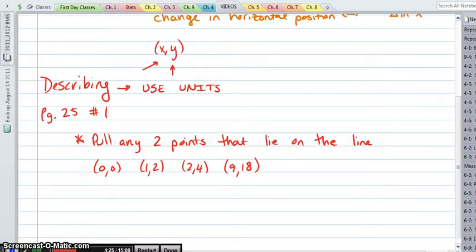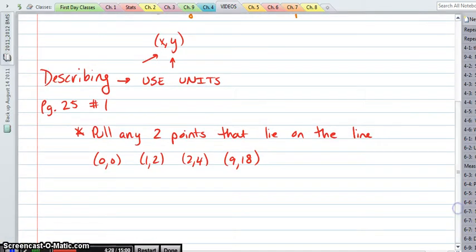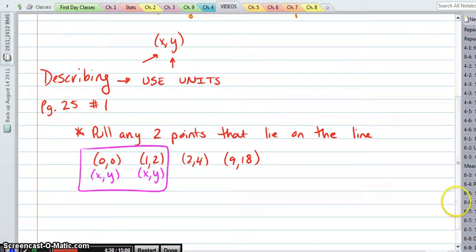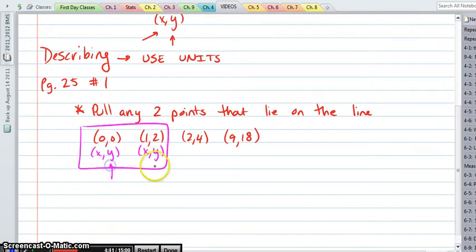So how do we find the change? Well, for the vertical change, we need to look at y coordinates. I'm just going to look at these first 2 because, again, those numbers are really easy to work with. And to find the change in the vertical position in the numerator, I'm going to subtract. That's how you find the change of something.